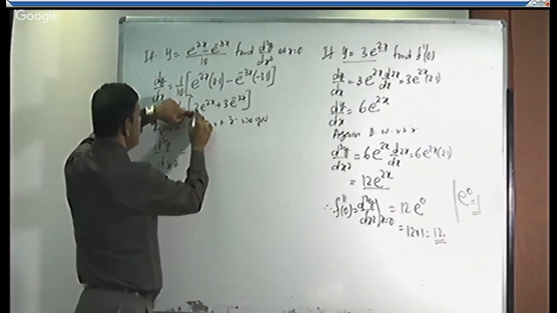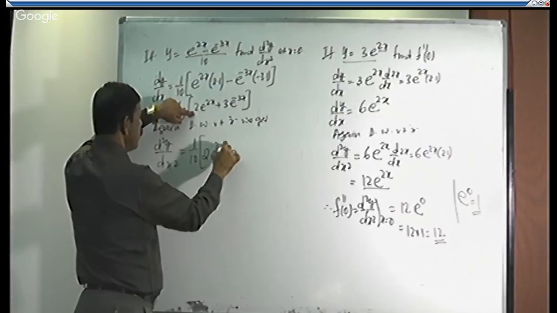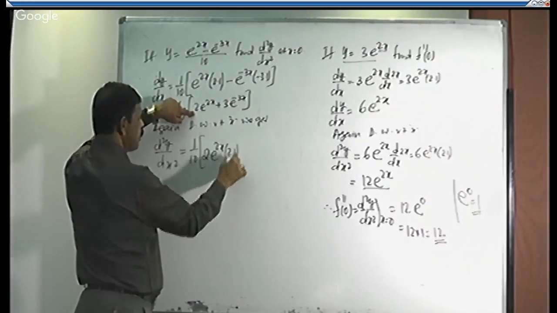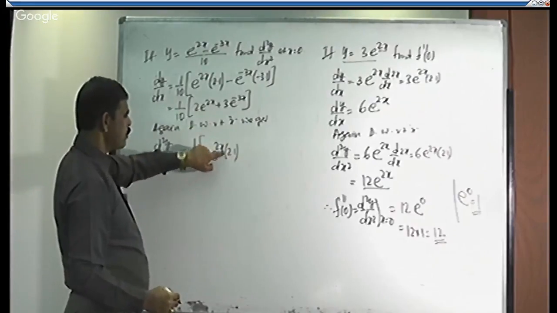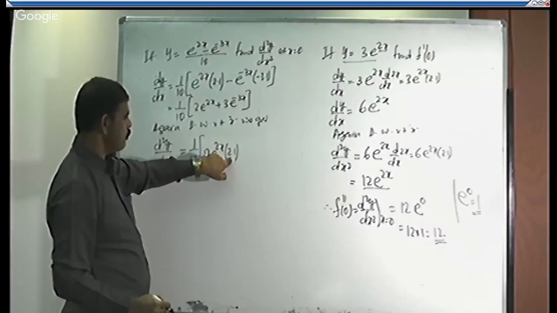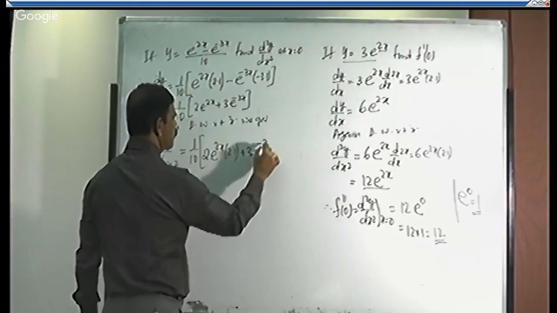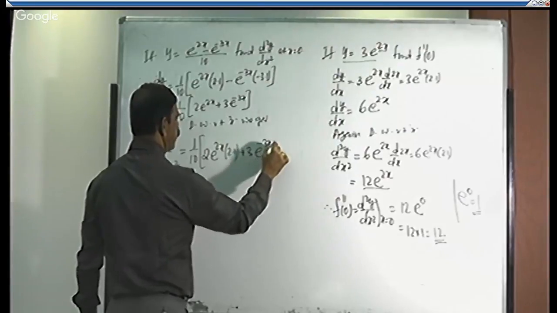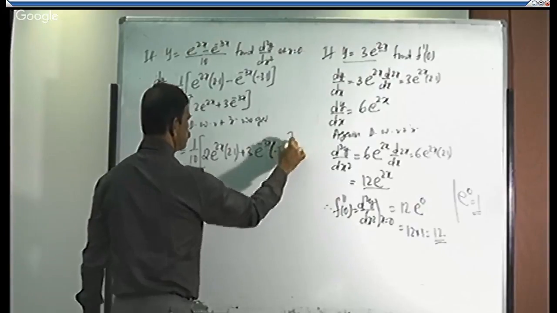Differentiate 2 into e power function into differentiation of function: e power 2x into 2 into 1, plus 3 into e power function into d by dx of function, minus 3 into 1.